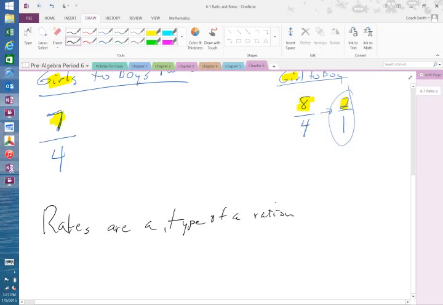A rate is a type of a ratio, not a ration. But it compares two numbers with unlike quantities.